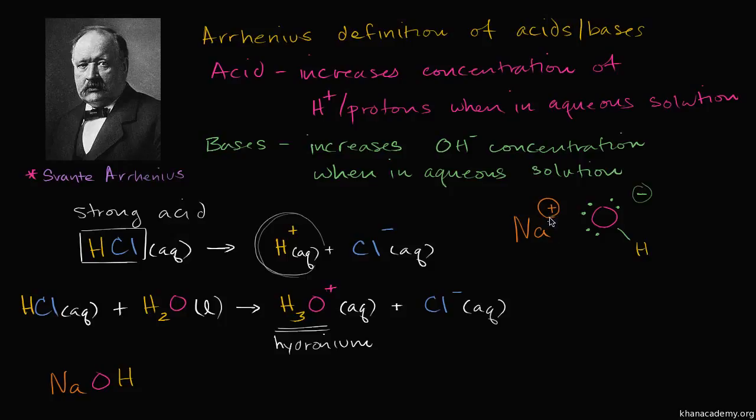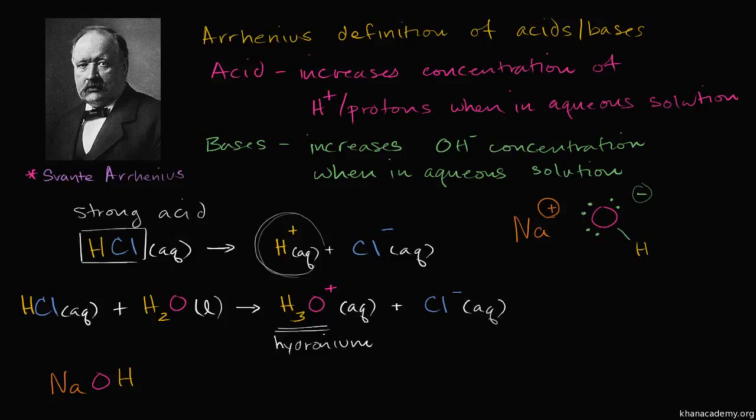And for all we know, it could have lost the electron to the oxygen right over here, making the oxygen negative and making the sodium positive. They're going to be attracted to each other, and they form an ionic bond. So sodium hydroxide has an ionic bond because the sodium is positive, and the hydroxide part right over here is negative, and that's what draws them together.